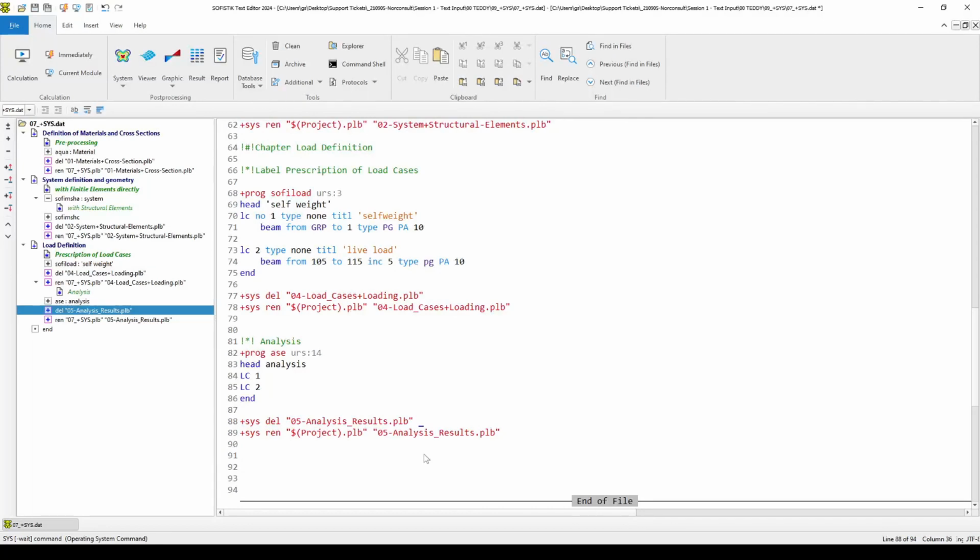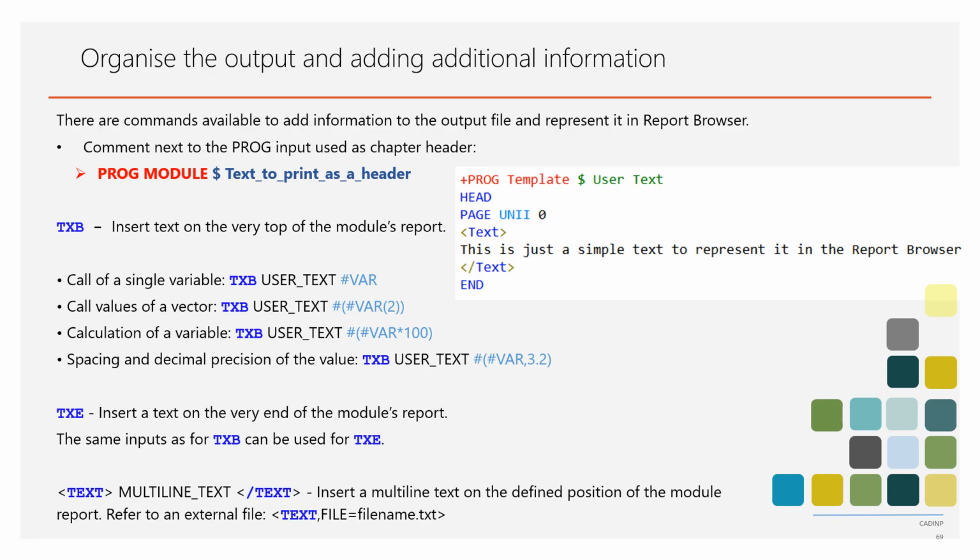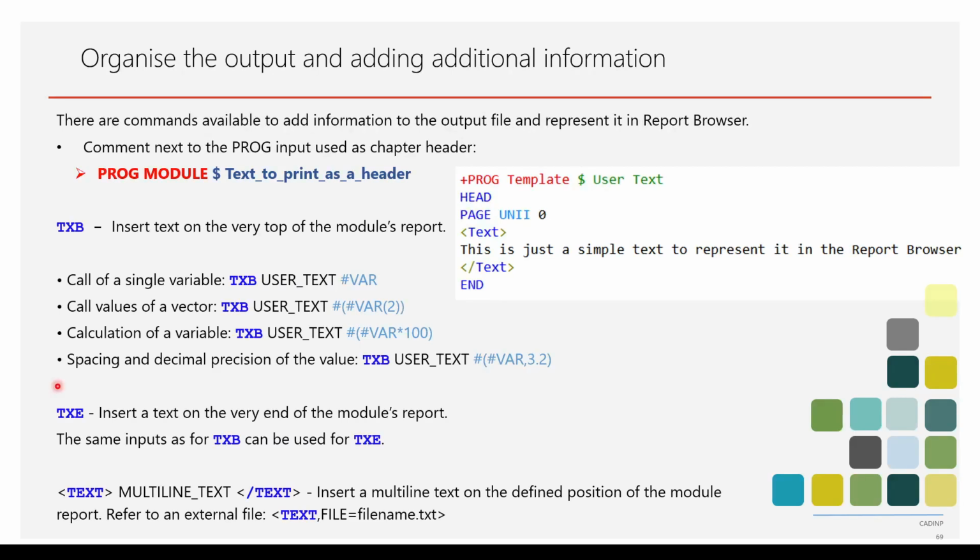One more additional important hint. Within a sys command line, no comments are allowed at all. The common $, exclamation point, or / characters cannot be used. In order to organize the output a bit better in the report browser, as well as to add some explanation, the txe and txb instruction can be used with the let and sto variables.